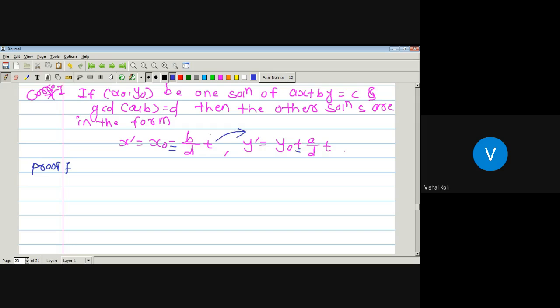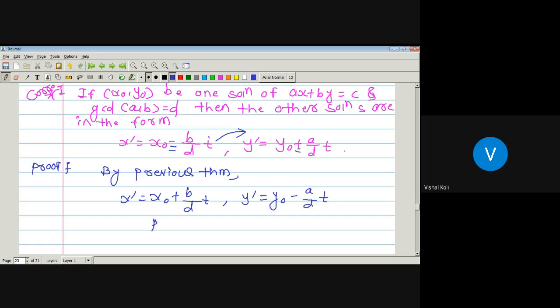Since t is any arbitrary integer, whenever we replace t by minus t in the previous theorem, we will get this one. By the previous theorem, x dash is equal to x naught plus b upon d into t, and y dash is y naught minus a upon d into t.